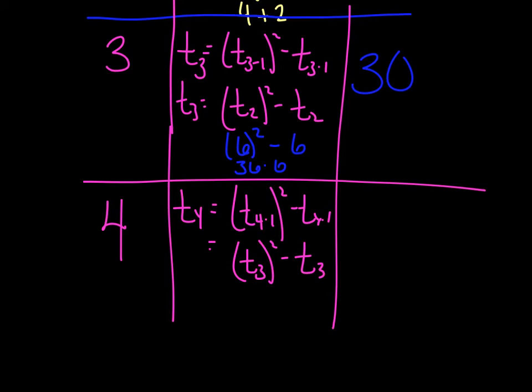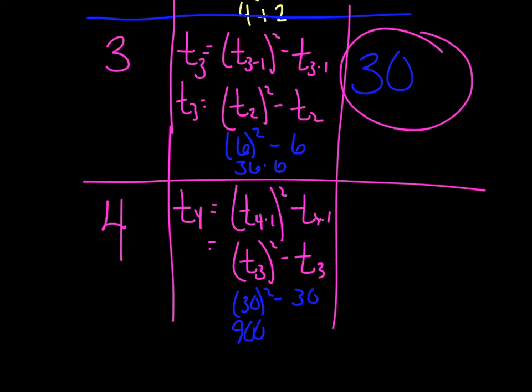Okay, so I'm going to go back. T sub 3 we know is 30. So this becomes 30 squared minus 30. Well, 3 squared is 9, and I'm going to add 2 zeros on to get 900 minus 30 is going to get me 870. So this number is getting pretty big in a hurry.